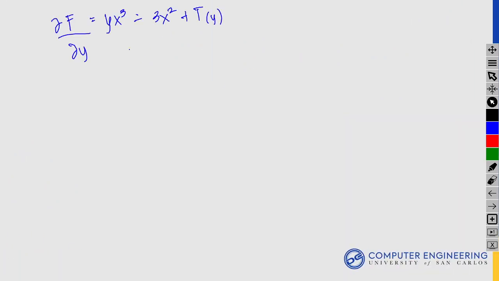Meaning if we do this operation, the result of this is equal to 3x. What should be equal to that? X cubed plus 2y. They are equal to each other. This is what we will use to solve for the differential equation.